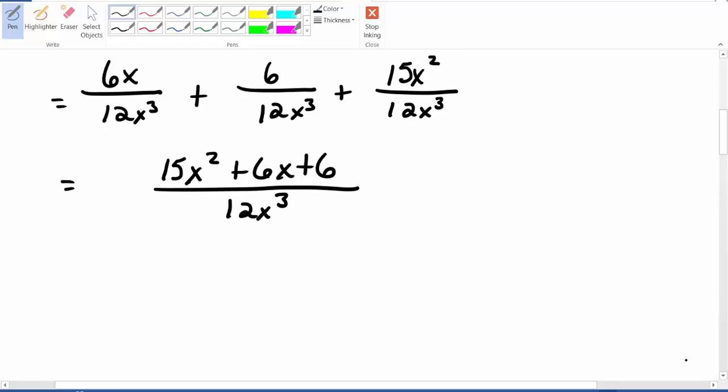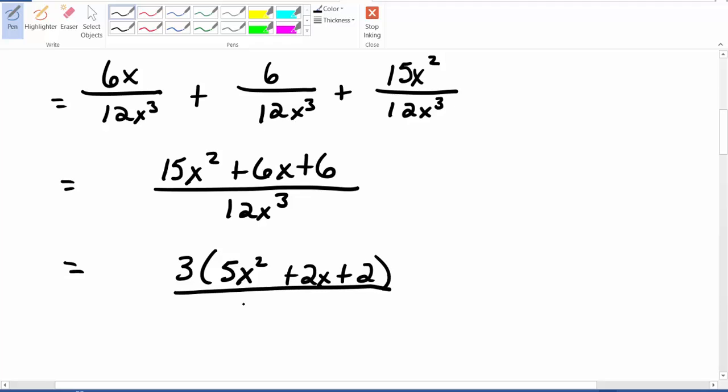Checking to see now if things can simplify. Actually, we can pull out a 3 from the top and bottom. So when we do that, we end up with 3 times 5x squared plus 2x plus 2 divided by 12x cubed.